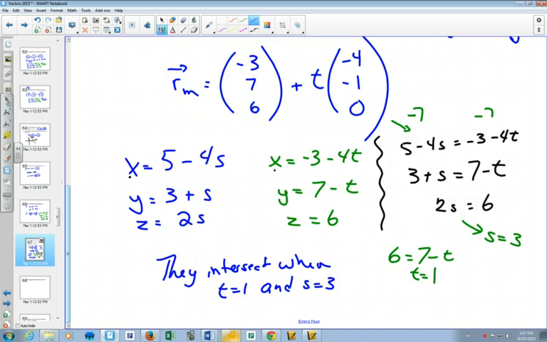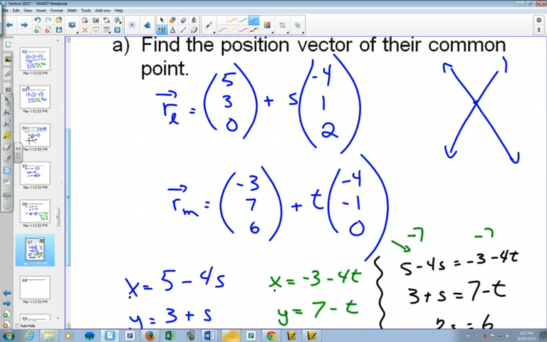And since we checked all three equations and it does work for all three of them, we know that those answers are correct. Now to find that position vector, we can either choose to plug in t equals 1 or s equals 3 back into our equations. Notice what happens when I plug in t equals 1. I'm going to get negative 3 plus negative 4, negative 7. I'm going to get 7 minus 1, 6, and I'm going to get 6.